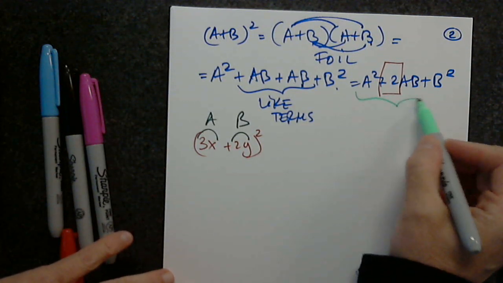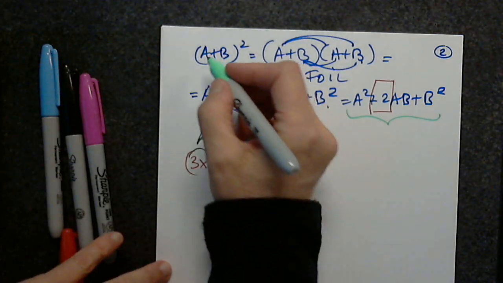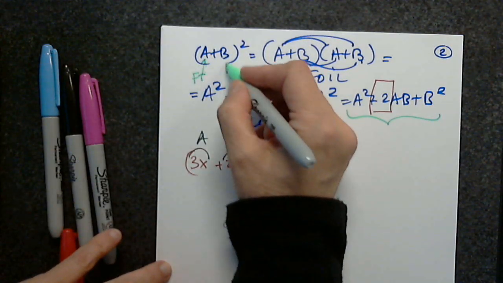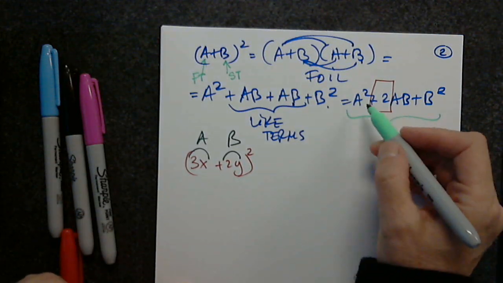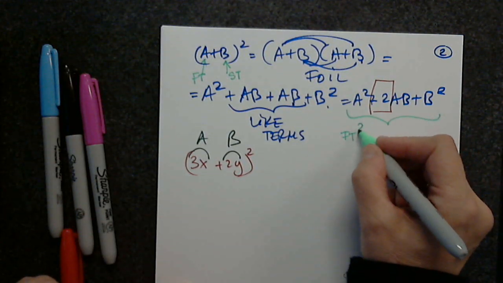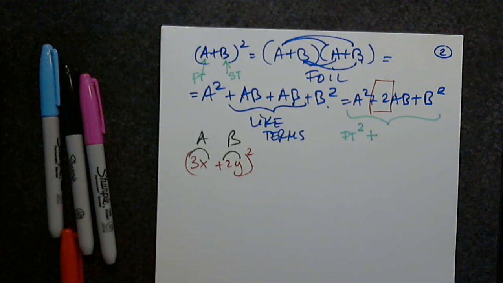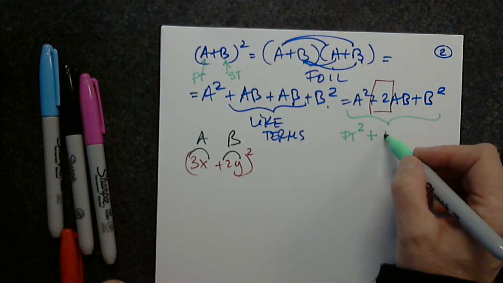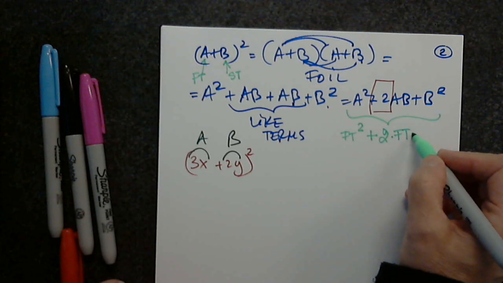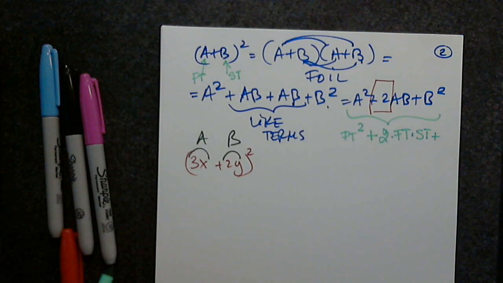So what I need to remember from this is that this is the first term and this is the second term, correct? What does this mean? It is the first term squared plus, can anyone help? 2 times the first term times the second term plus?